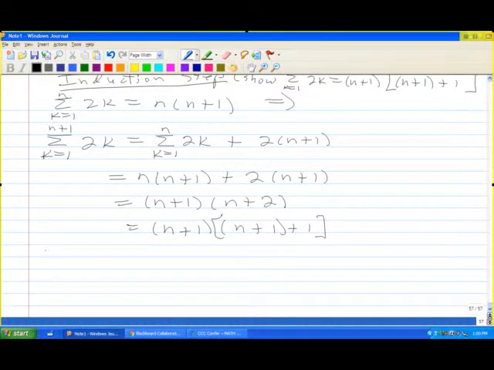And so therefore, I've shown that the induction step works.